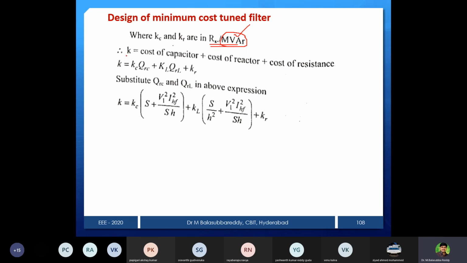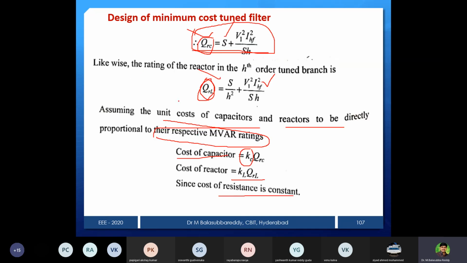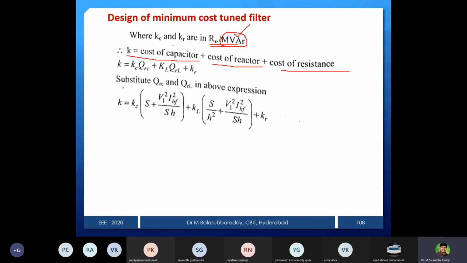The size of the capacitor is directly proportional to the cost. So you can see the total cost K: cost of the capacitor, cost of the reactor, cost of the resistor. In the previous slide we know the cost of the capacitor, the cost of the reactor and the cost of the resistor. Add these three and we get K. So what we can get is Kc into QRC plus KL into QRL plus KR, where KR indicates the resistor value.